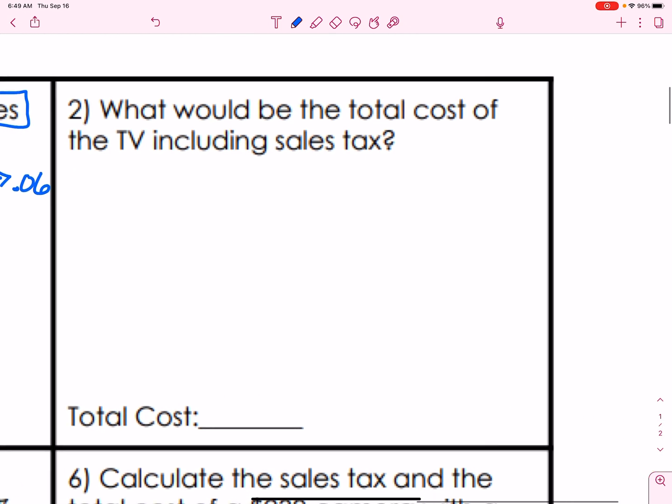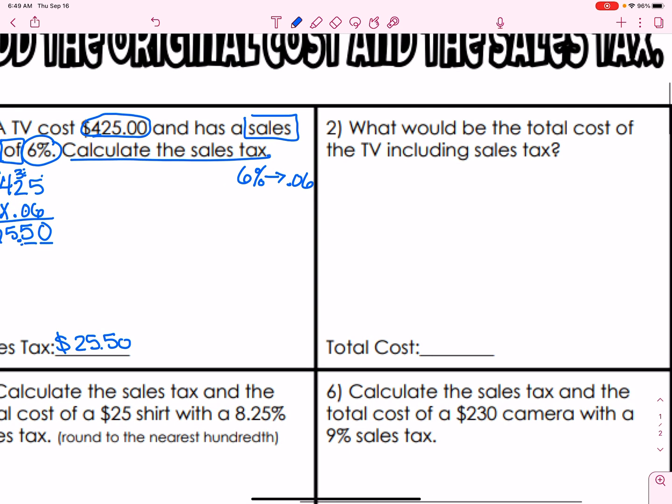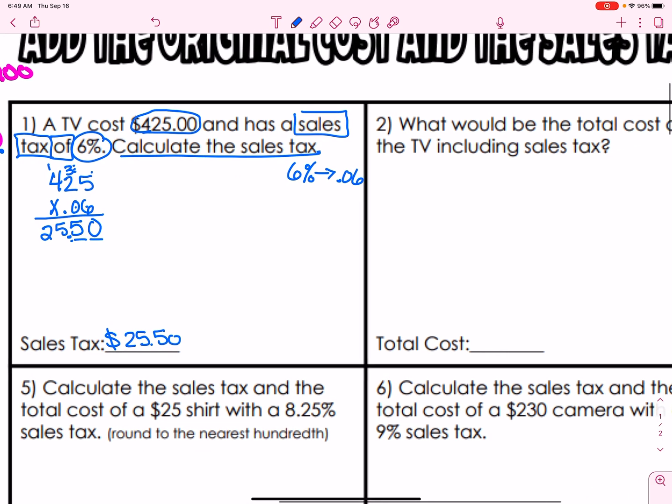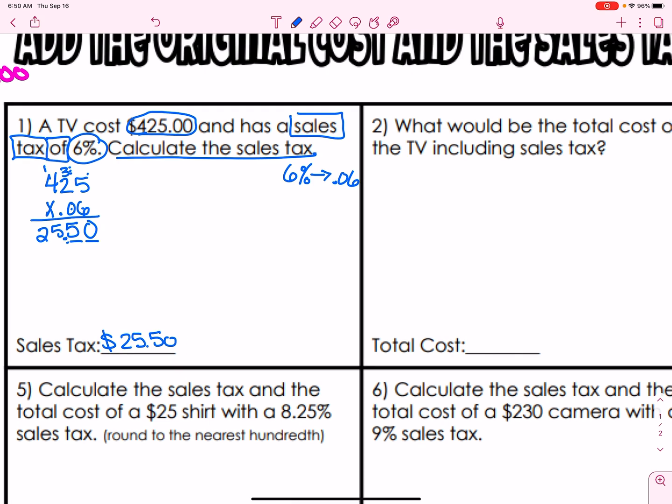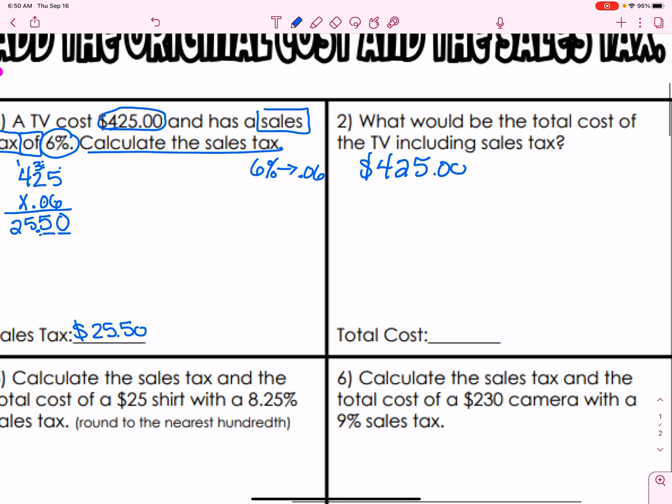Question 2 says, what would be the total cost of the TV, including sales tax? So this cost of the TV from problem 1 is $425. And the sales tax from problem 1 is $25.50. Now, when we add and subtract decimals, we do line up the decimals.